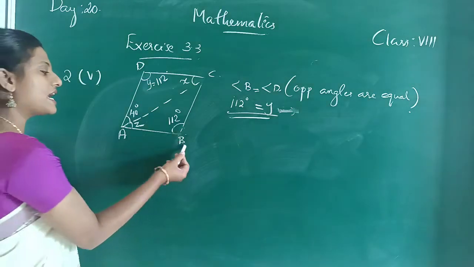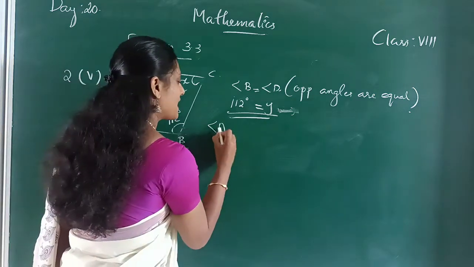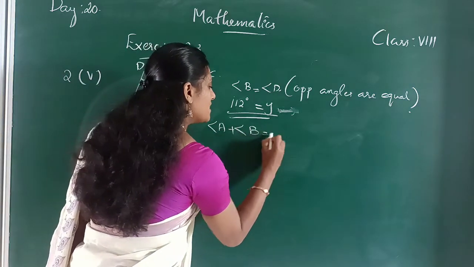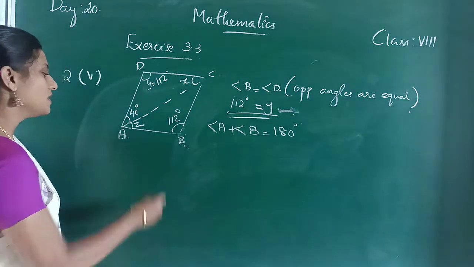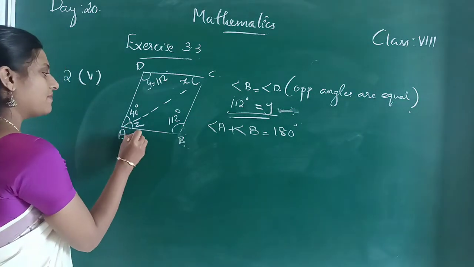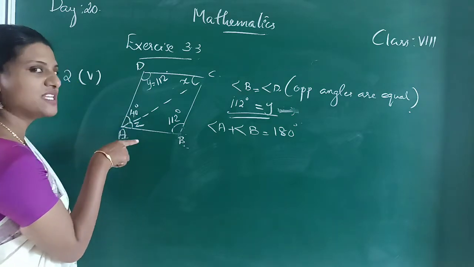Now, adjacent angles are supplementary. That means angle A plus angle B is equal to 180 degree. So, what is angle A? Angle A is full ആണ്. The full രണ്ട് angle ആണ് split ചെയ്ത് എഴുതിയിരിക്കുന്നത്.